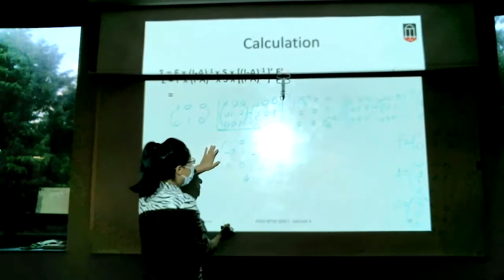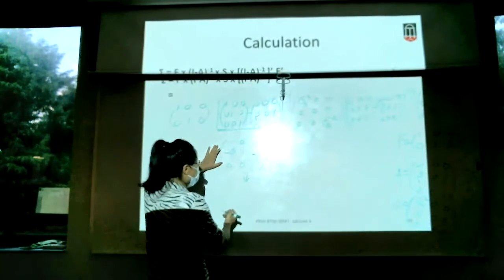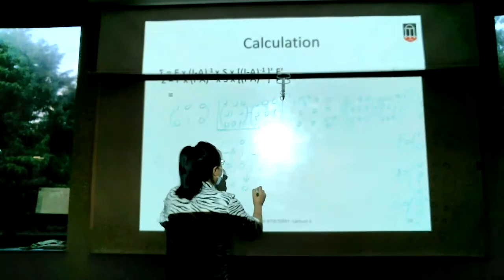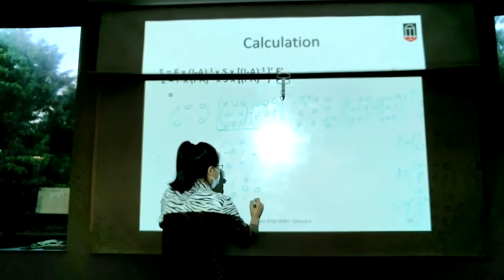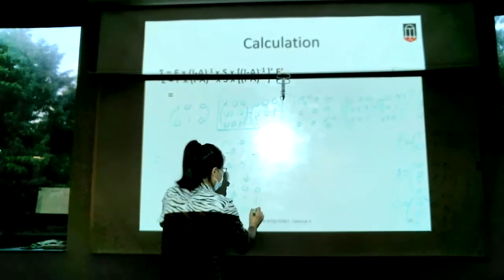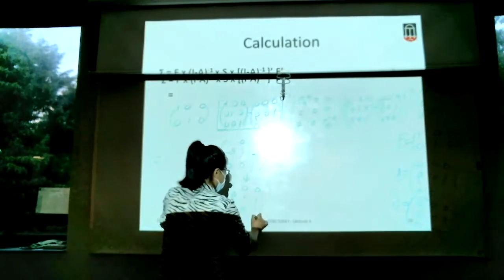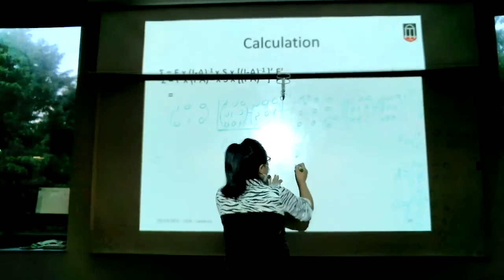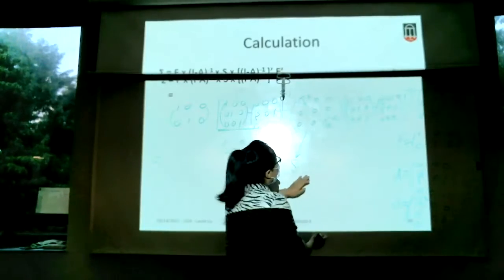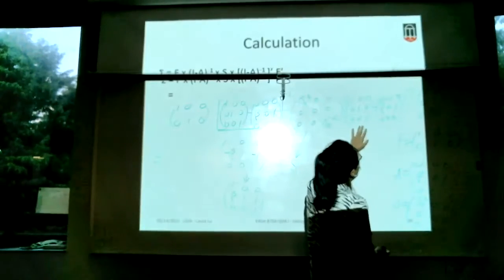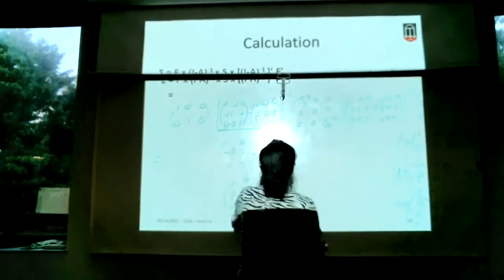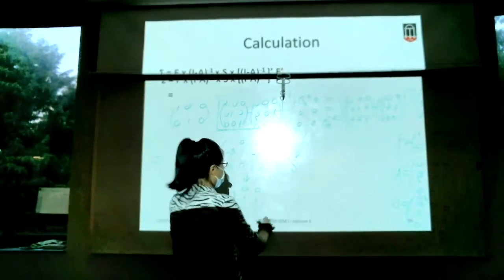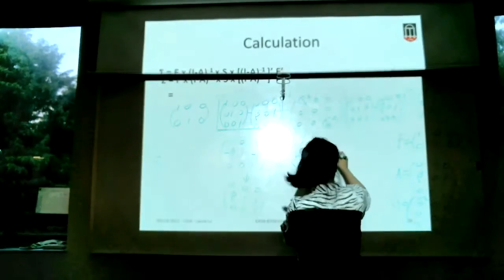This is the inverse of this one. Then we multiply by the S matrix, and then by the transpose of the inverse.